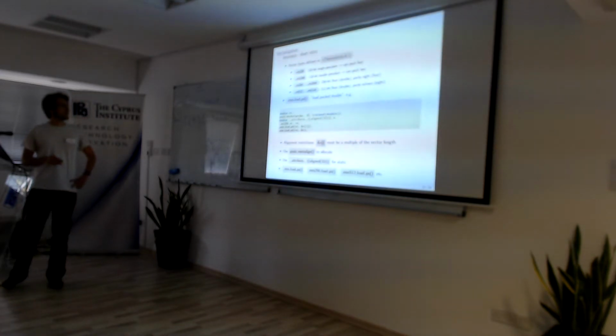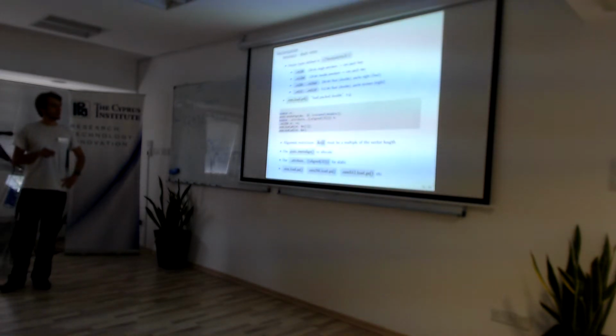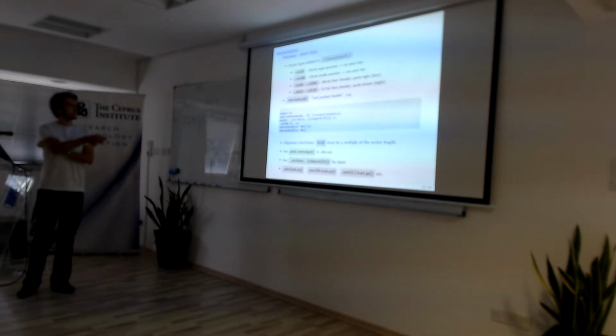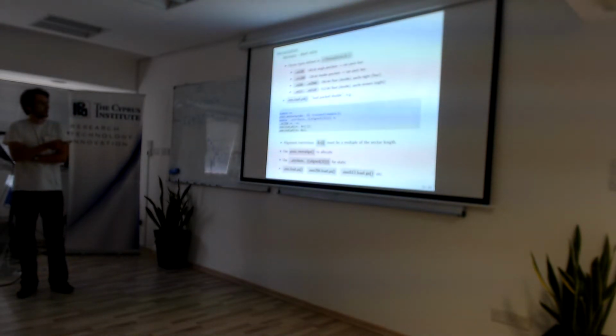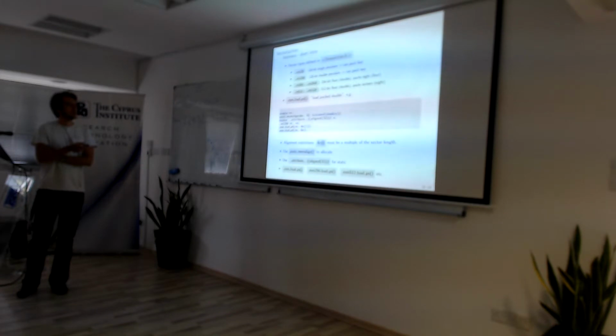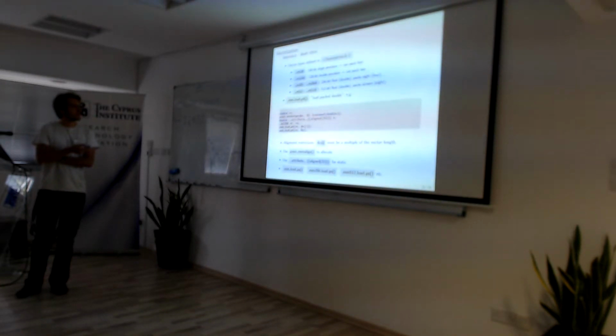So the vector types are defined in this header. The variables are defined as __m128, which is a 128 bit single precision variable, where you can pack 4 floats. The double version comes with __m128d.